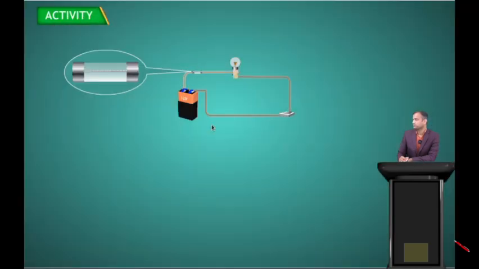Now how can we prevent this excess current from flowing into the electrical bulb? We use a device. Here you can see this is a device. This is called a fuse, an electrical fuse. If we connect an electrical fuse, then when the circuit is closed, with the excess current the fuse gets broken.